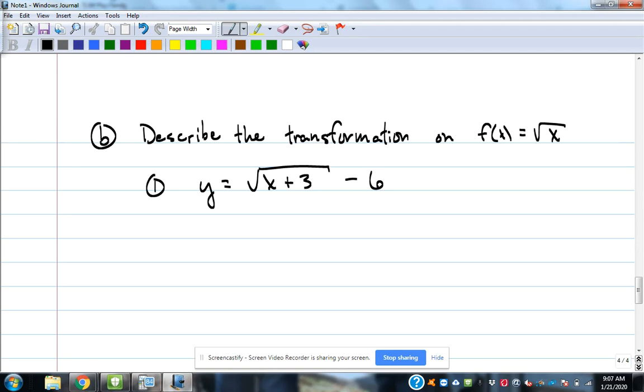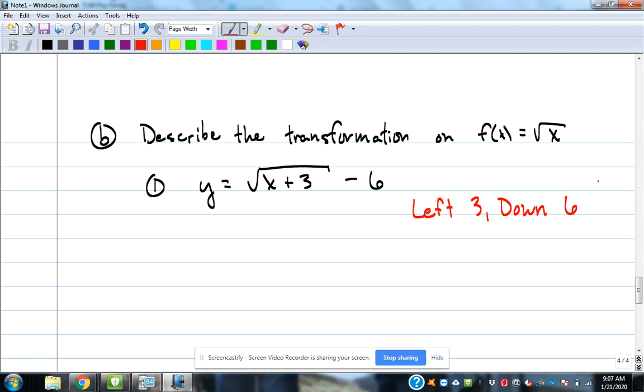So the parent function is square root of x, and then this one has the square root of x plus 3, and then a minus 6 on the outside there. So what transformations are happening to that function? Left 3, down 6. And it doesn't matter which order you list those. If you wrote down 6, left 3, that's fine.